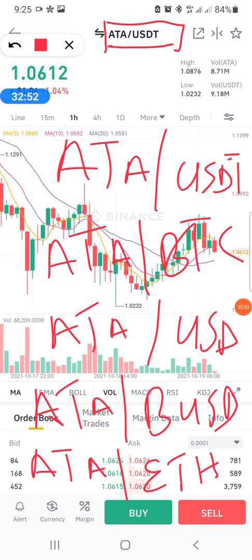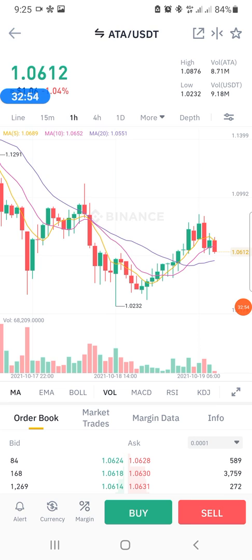This is how we trade currencies. They are traded in pairs. And why trade currency in pairs?